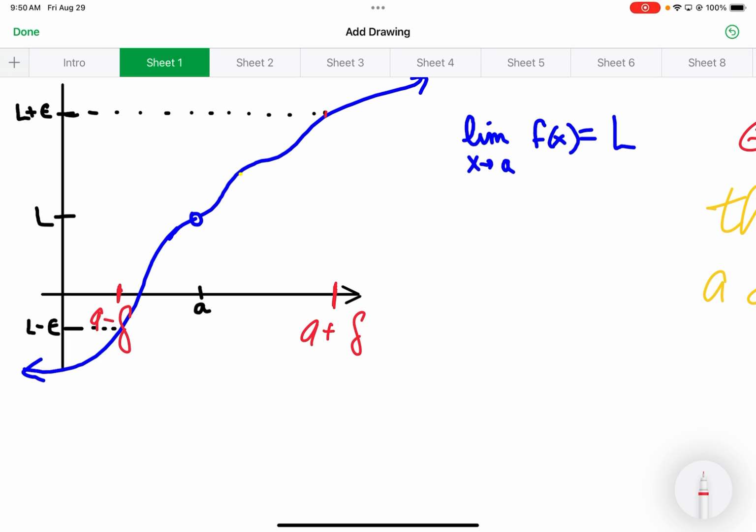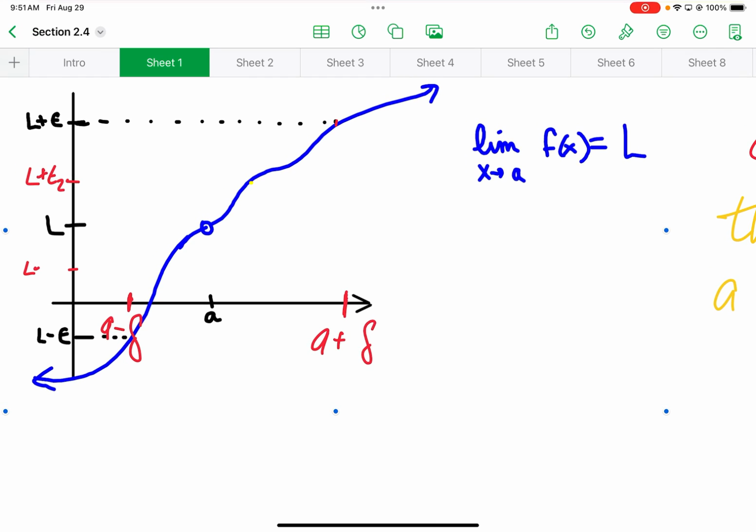The way a limit works is we get closer and closer to a value. So what we should be able to do is run this iteration again where we pick an epsilon that's even smaller. Let's say L plus epsilon sub 2 and L minus epsilon sub 2.